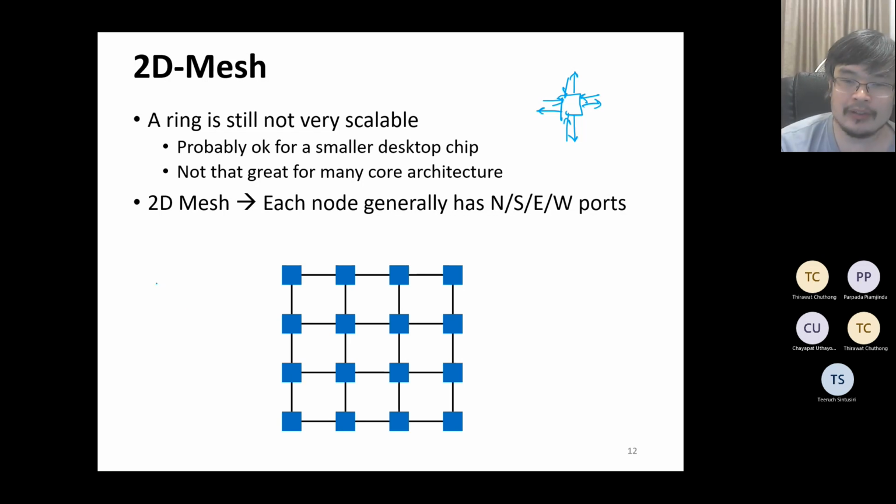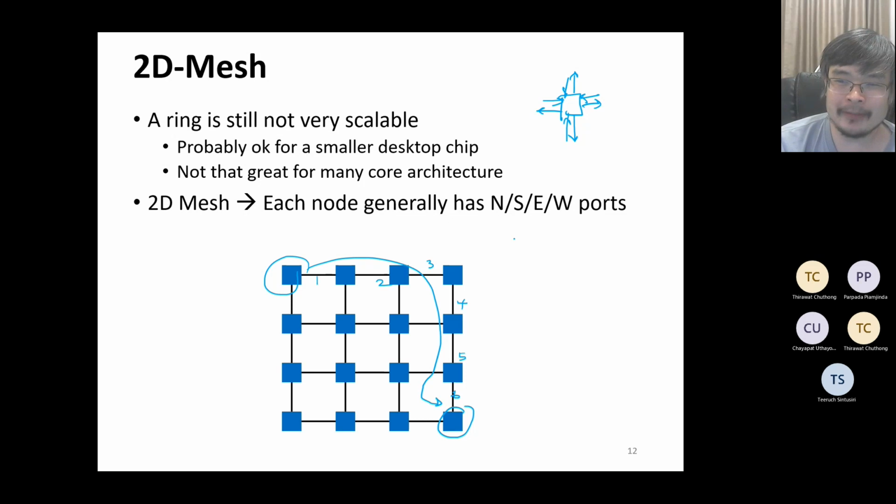So if I want to send a location from here down to here, right? How many hops is that? 1, 2, 3, 4, 5, 6. Which means that I spend 6 times jumping from the source to the destination, which is actually much better than a ring that connects 16 nodes together.